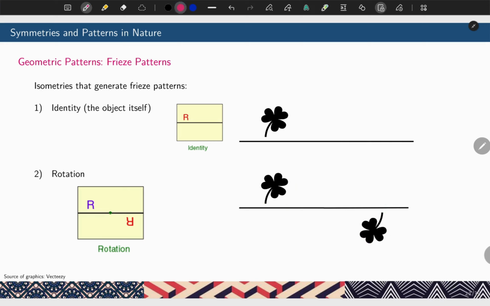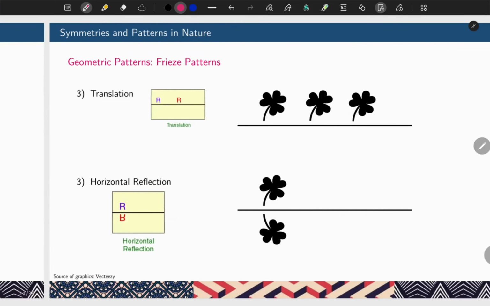So in rotation, you go about a particular center point and then you rotate it. If you have here something like, if the flower is here, then that is also a rotation. Okay?